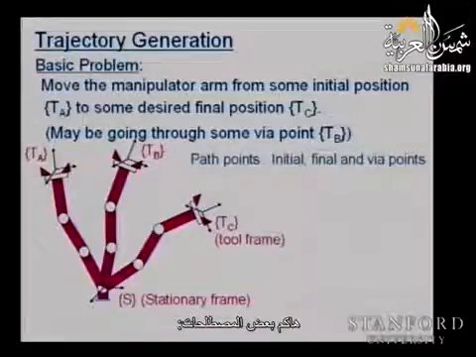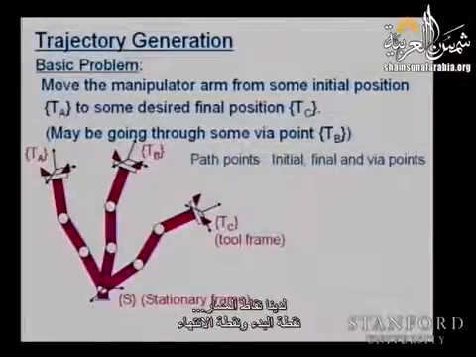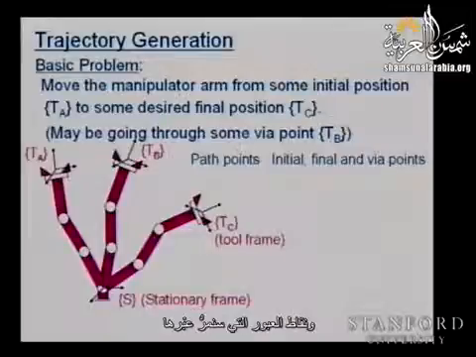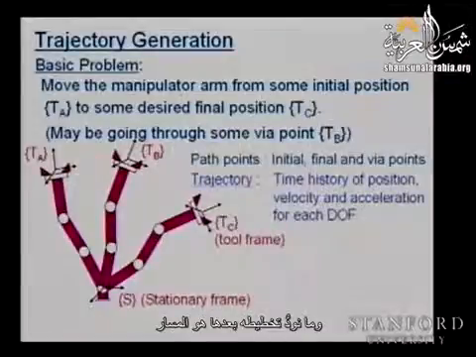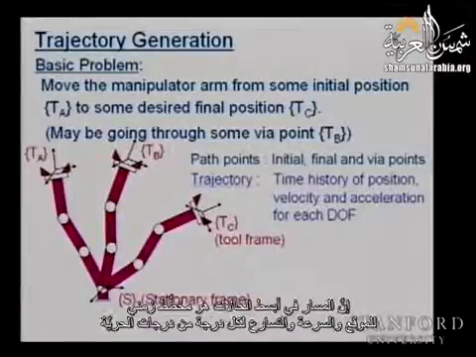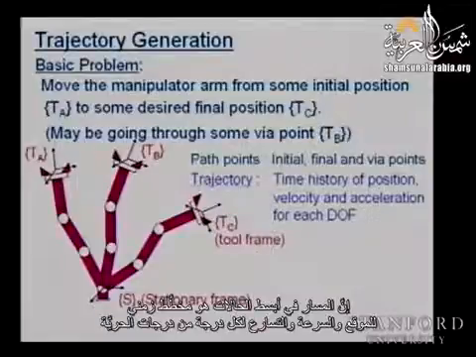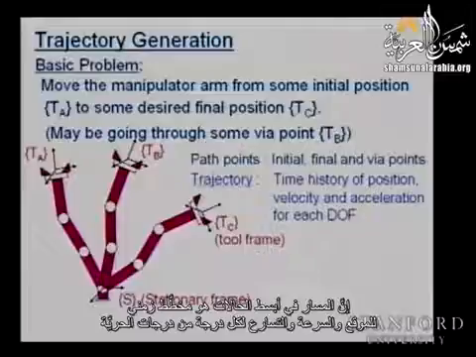And some terminology, we have path points, the initial, the final point, and the via points that we'll be going through. And then what we want to plan is the trajectory. The trajectory in the simplest case is a time history of the position, velocity, and acceleration for each of the degrees of freedom.